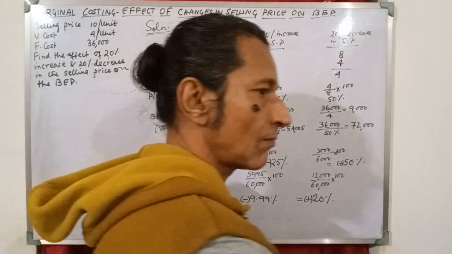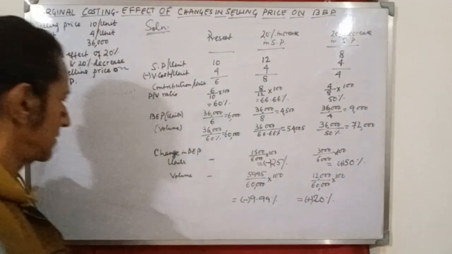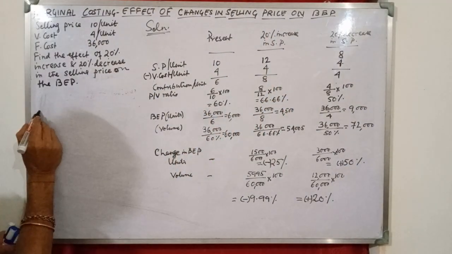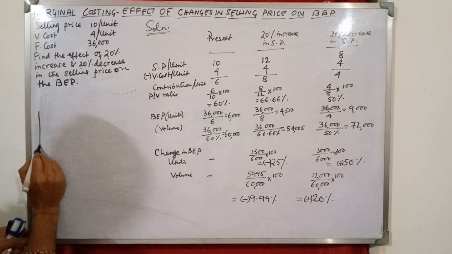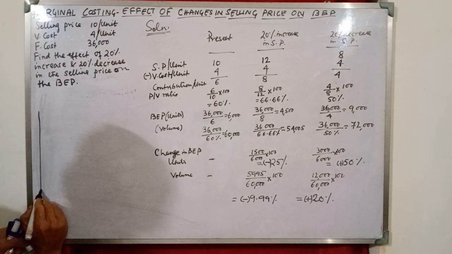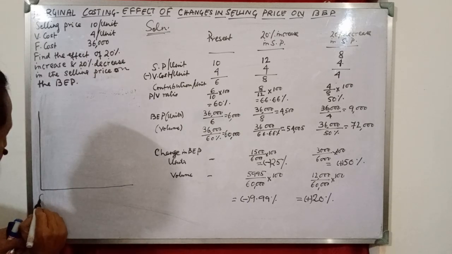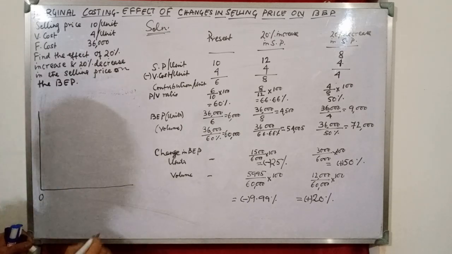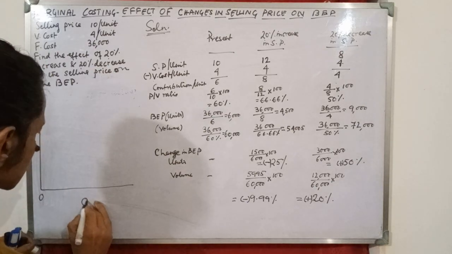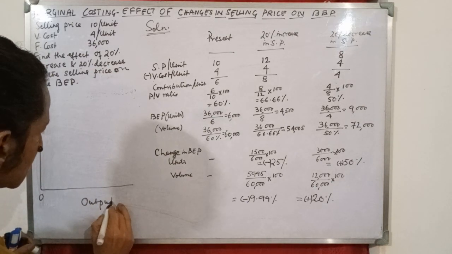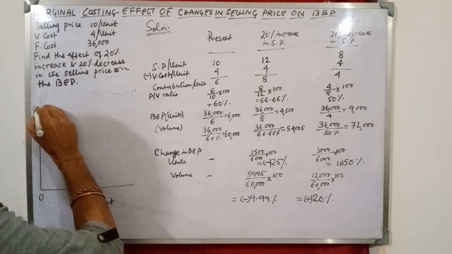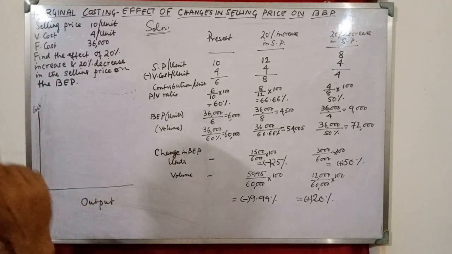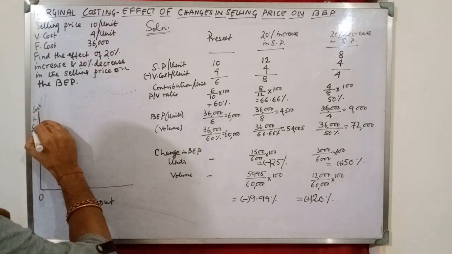On the x-axis we measure output, and on the y-axis we measure cost and sales.